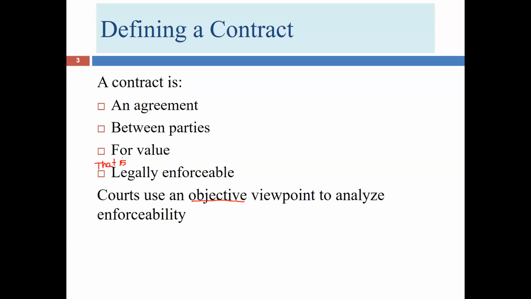So the objective standard is the 6'3". Subjective standard is tall. In the law, we almost always use the objective standard. I'm not going to say we never use subjective standard, but I'd say probably 95% or more of the time we use an objective standard. There's lots of reasons for that.